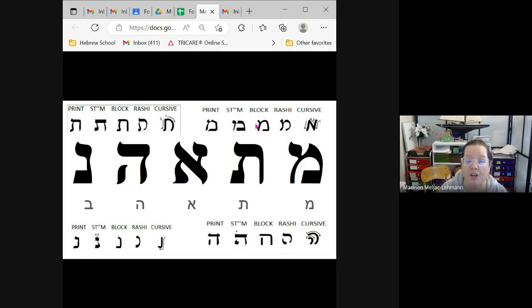We've got the computer block print, which is one of the two that we'll use. We have the Rashi, which is very decorative and hard to read. And then we have the cursive. We will use two main types, the standard block and the computer block.